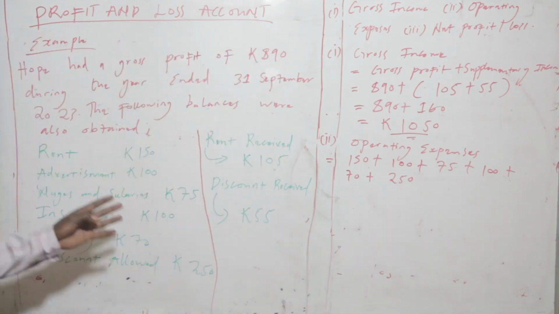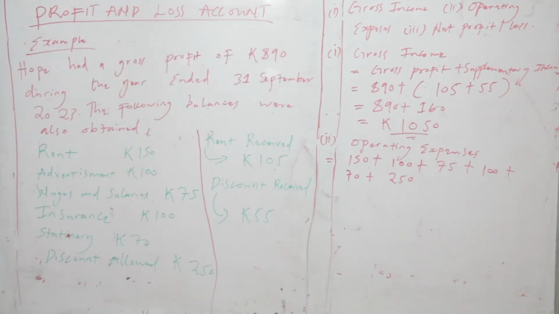Then to just classify these types of expenses, we can say rent is administrative, advertisement is selling and distribution, wages are administrative, insurance is administrative, stationery is administrative, then discount allowed is financial.